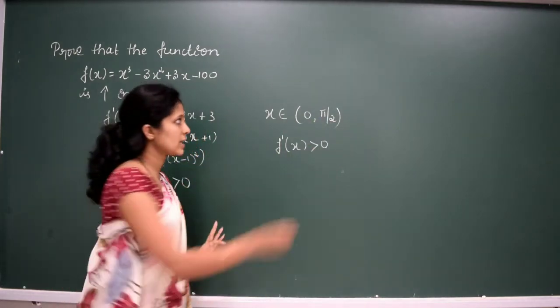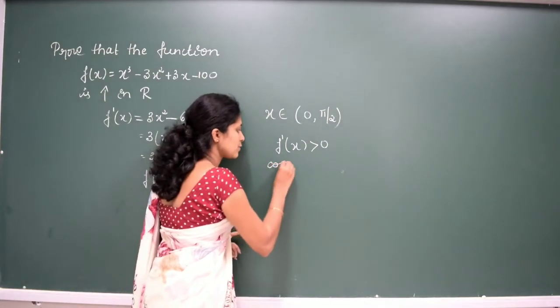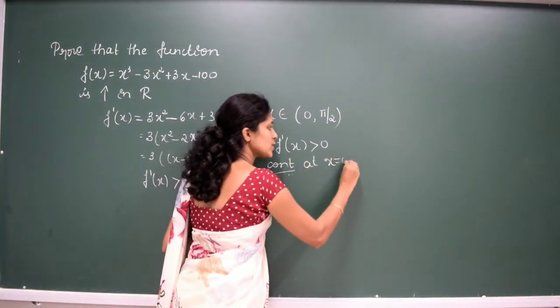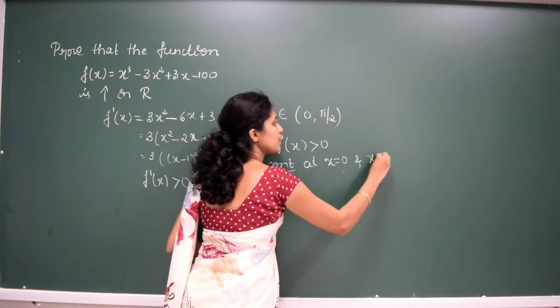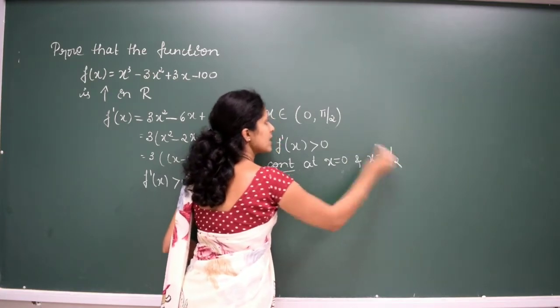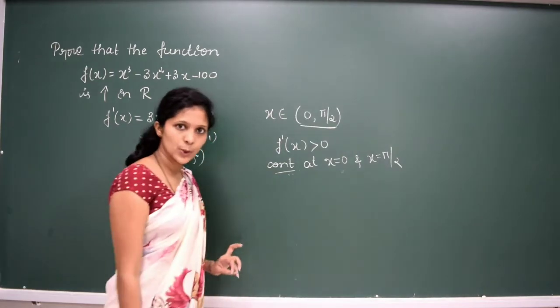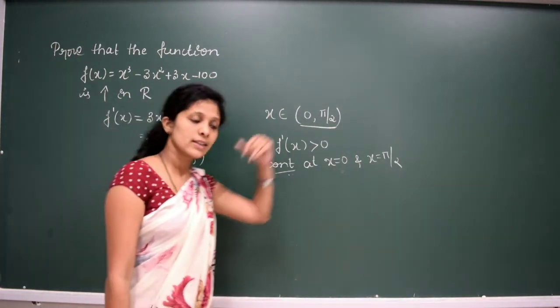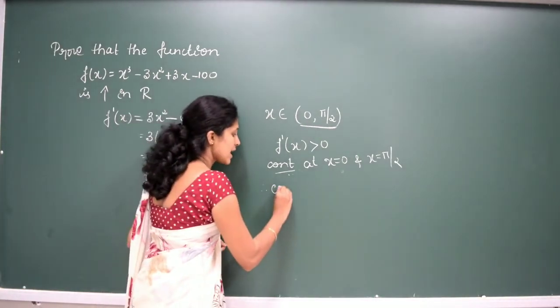Suppose the function is continuous at the points x equal to 0 and x equal to pi by 2. Remember this. If it is increasing on the interval 0 to pi by 2 and if it is continuous at 0 and pi by 2, then we can say the function is continuous.